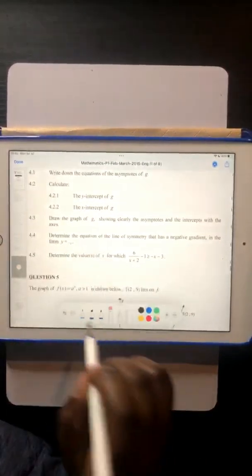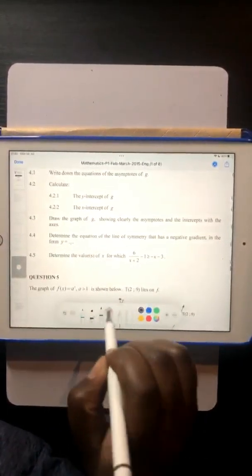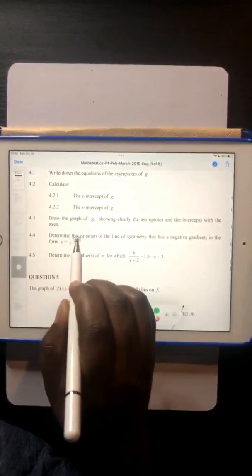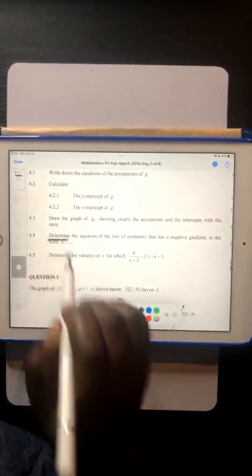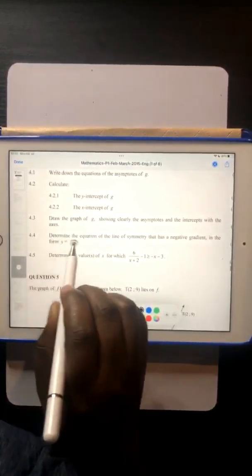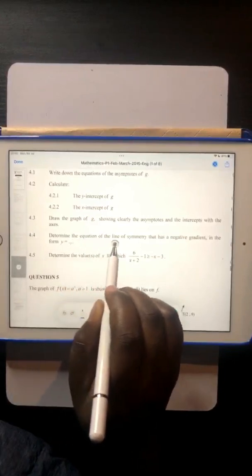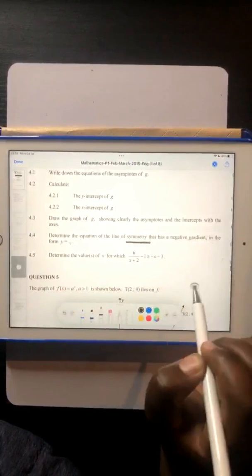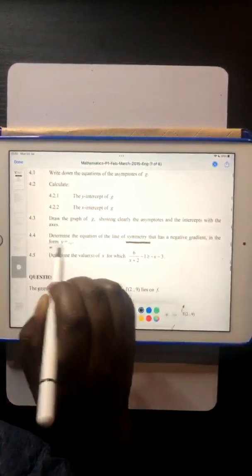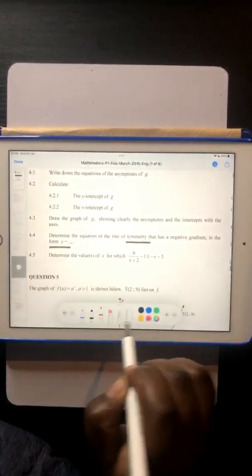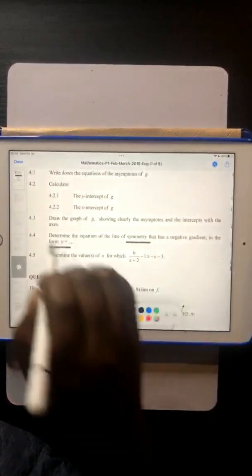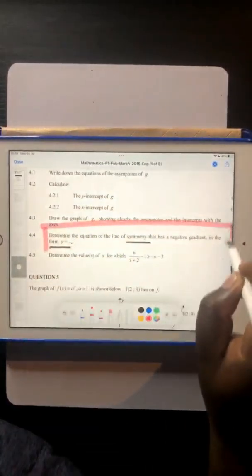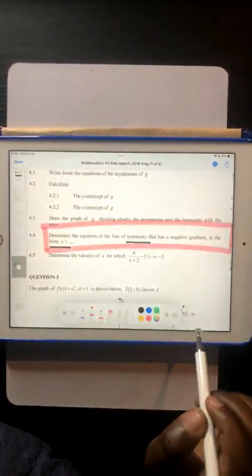4.4. Can you see what the question is saying? Determine the equation of the line of symmetry that has a negative gradient in the form of y equals to that. This is something that I forgot to explain, guys. I have to add it to my notes. I'll just explain it now.